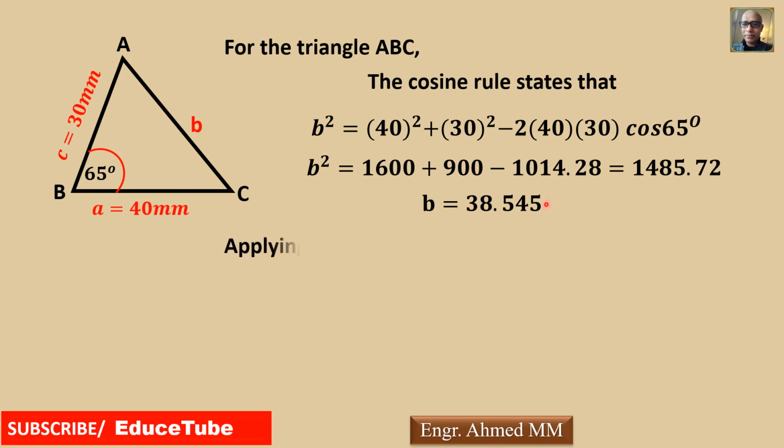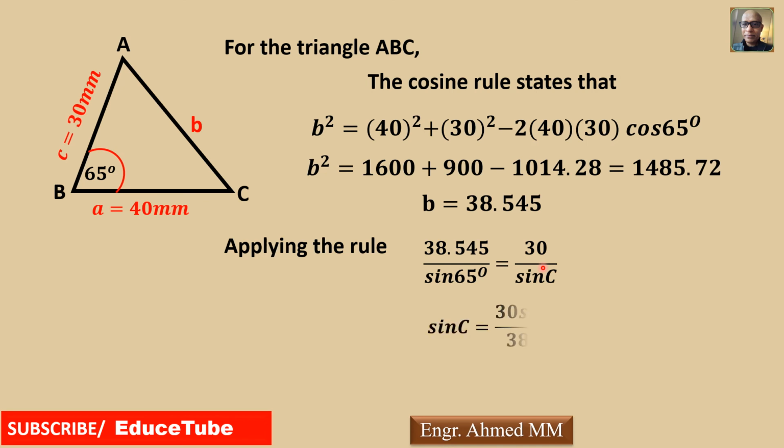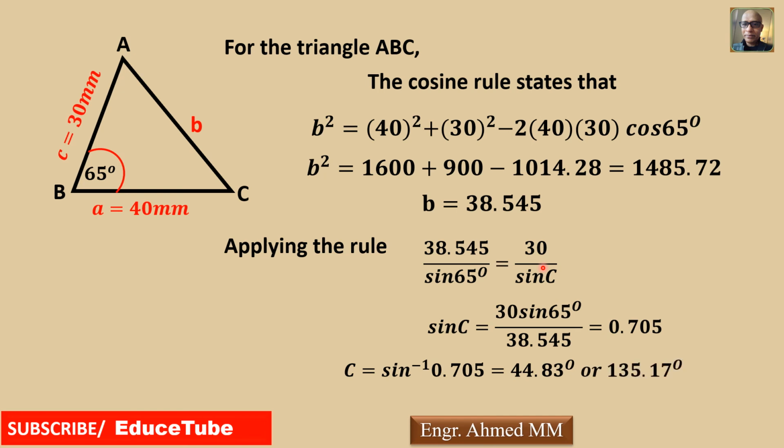Now applying the rule, which rule? This is the sine rule. We have to apply the sine rule now. Here only sine c is unknown, so we can find c. Sine c equals this, so c equals 44.83 degrees and 135.17 degrees.